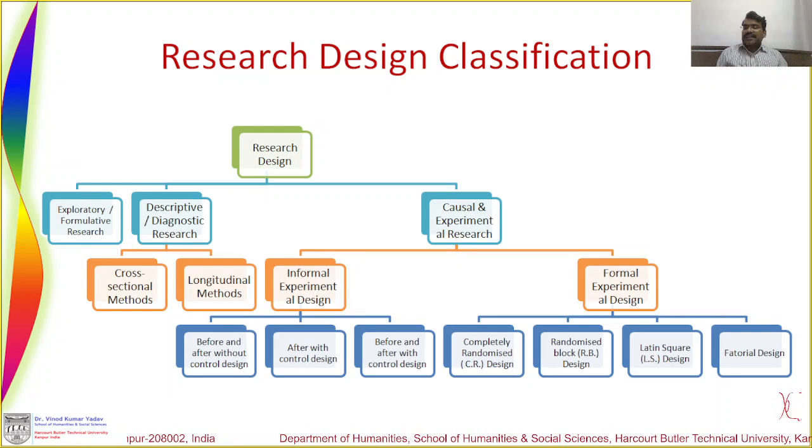Once you understand whether you go for exploratory or descriptive research design, it becomes easy to understand the basic classification of research design, and it will help you choose the correct research design for your research.